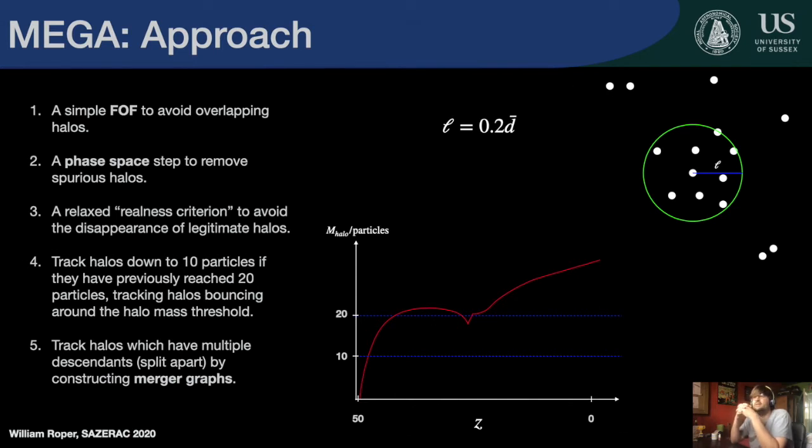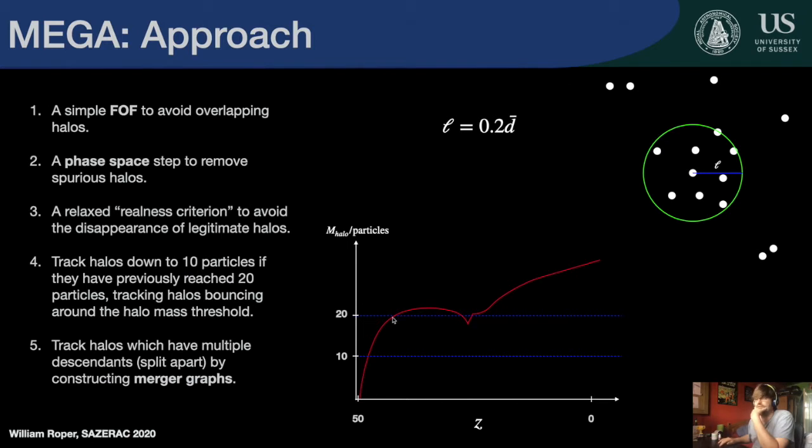We then, to counteract the temporary fluctuation in energy that could lead to a halo disappearing from a catalog, have a slightly more relaxed realness criterion, which I'll go into in a second. And we also track these halos.